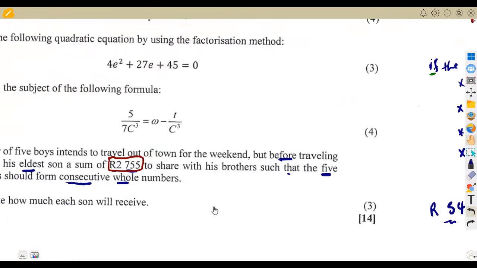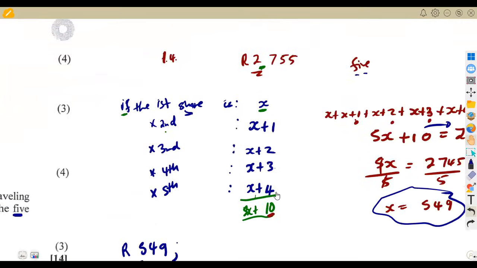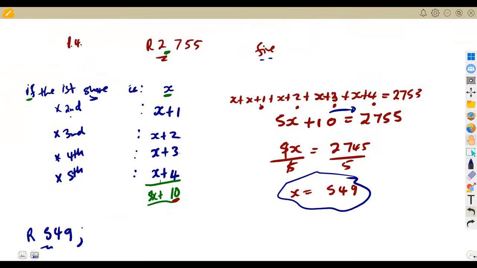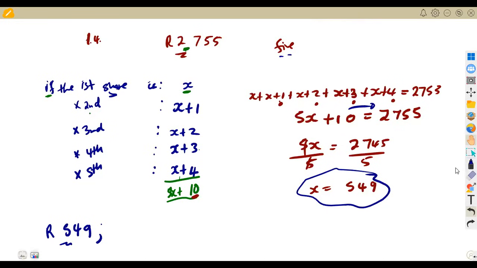Remember, the first one is x, the second one is x plus 1. So the second one, we simply add 549 plus 1, which gives us 550 Rand. For the next one, we add 2 because our x is 549.